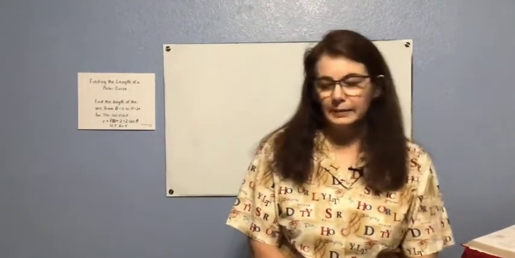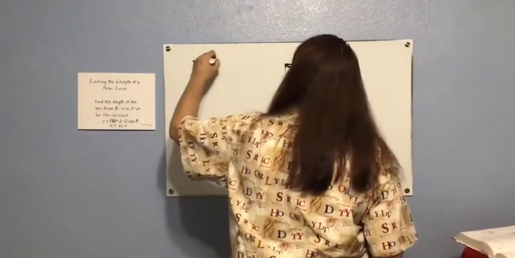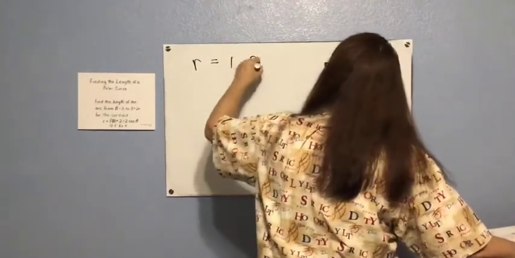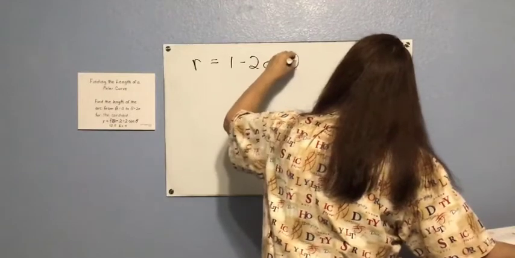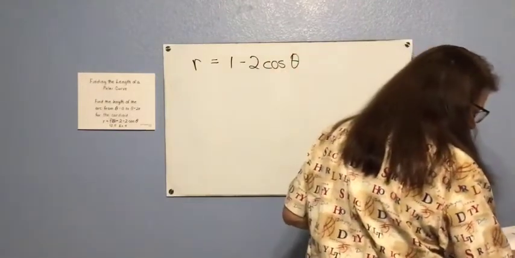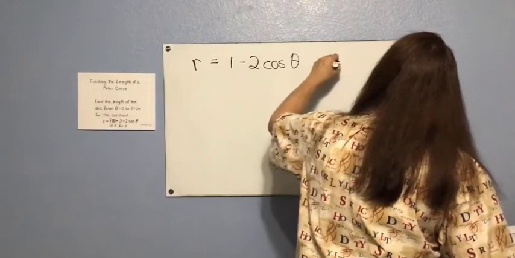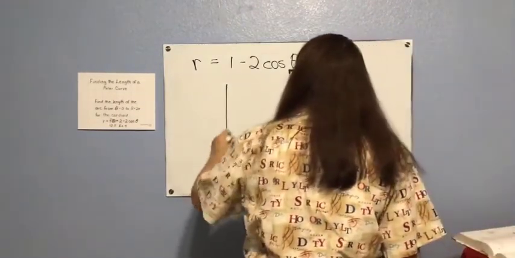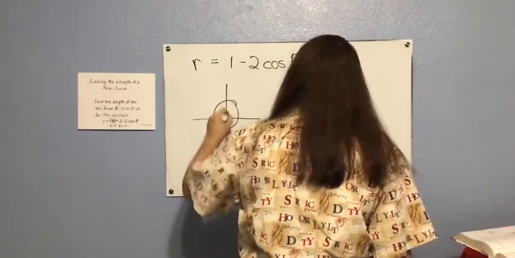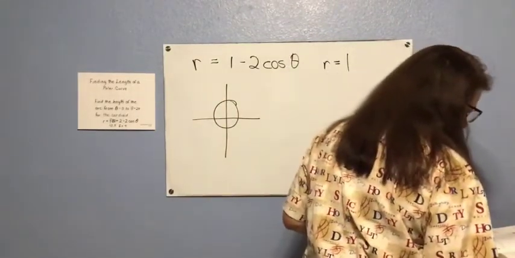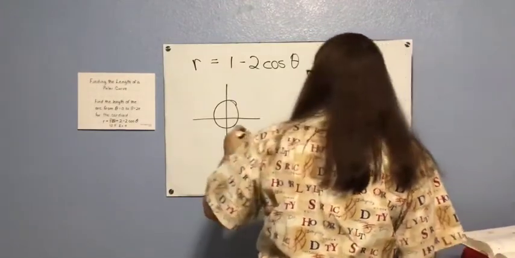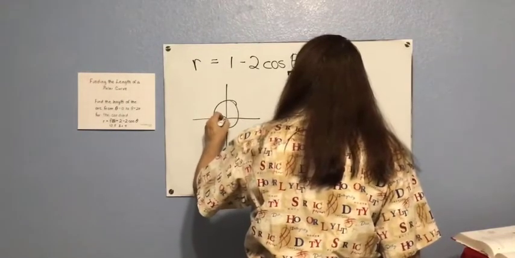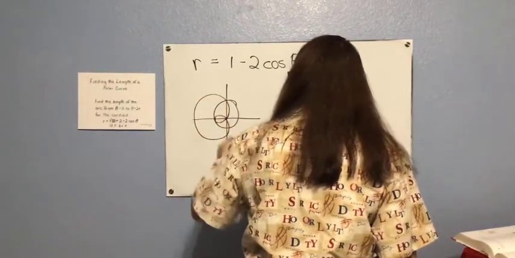Let's take a look at this. If I have r is equal to 1 minus 2 cosine theta, and another equation, just r equals 1, I end up with a circle, and then also a limaçon, and it looks like that.